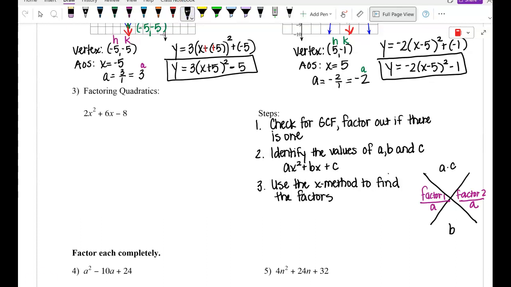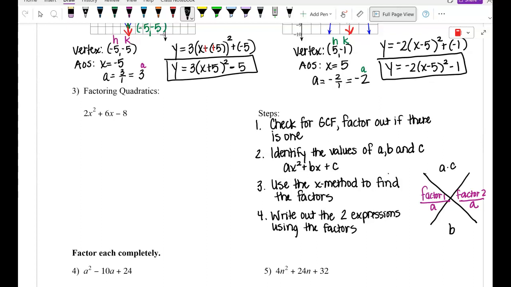And then step 4 is just going to be, we have to write out the two expressions using the factors. And you have to remember in step 4, if you did take out a GCF, that does need to appear down in your answer.